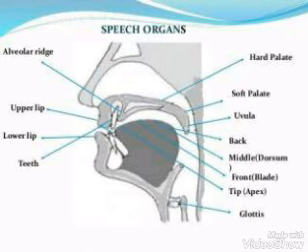Second, the language sound produced by the upper teeth and lower lip is called labiodental. Third, the sound of language produced by the upper teeth and tip of the tongue is called the apicodental sound.